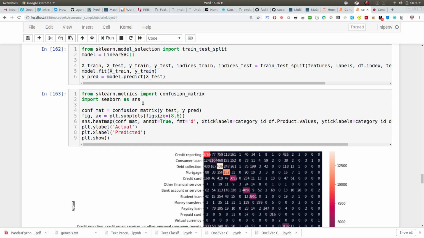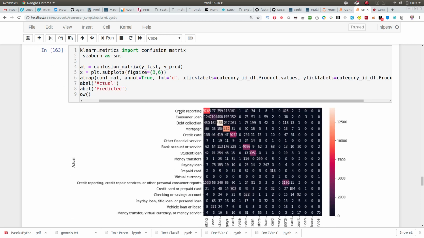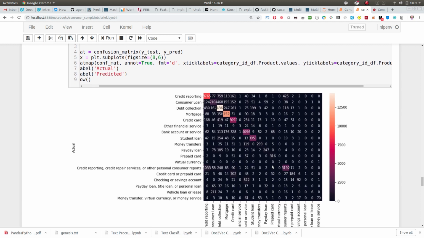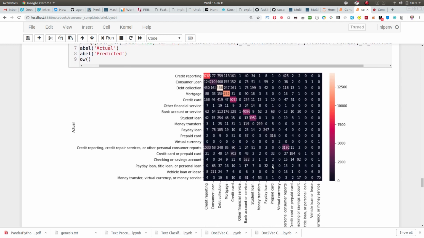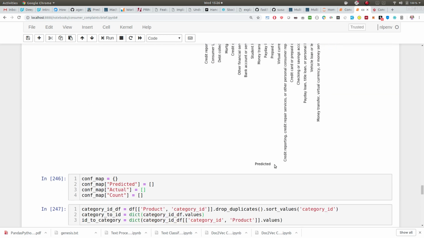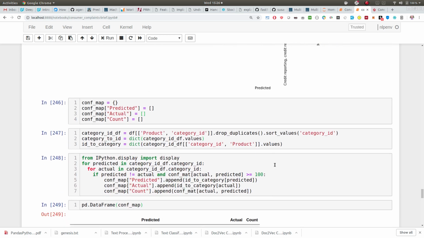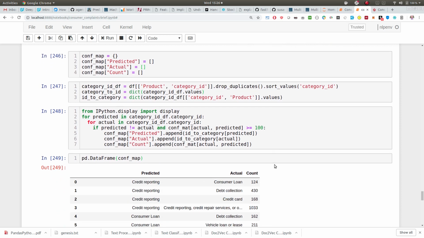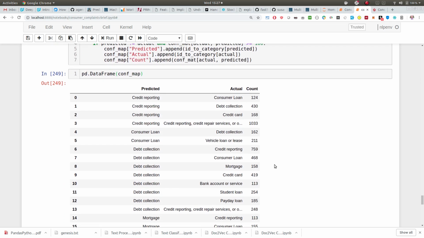The vast majority of predictions end up on the diagonal, as we can see here, which is where we want them to be. However, there are a number of misclassifications, and we will be able to see them here in this table.